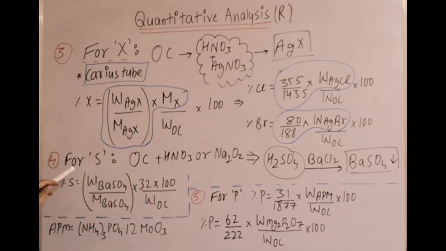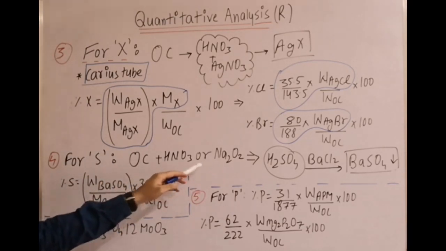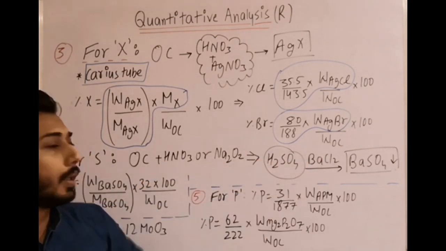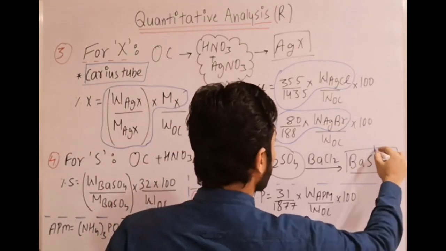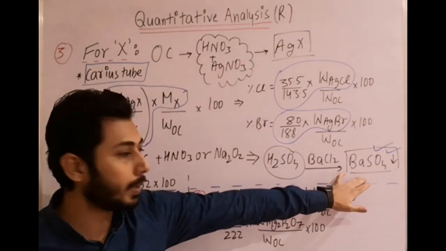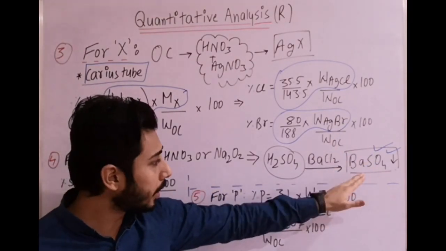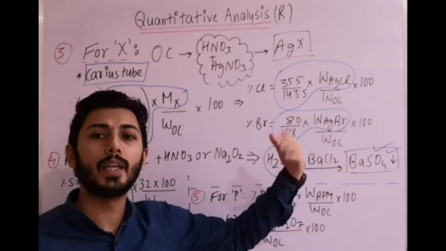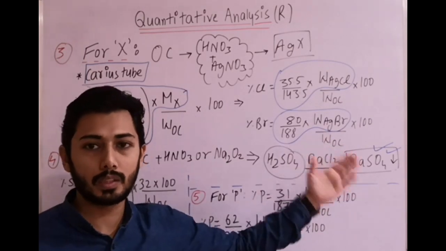Now for sulfur, the organic compound with HNO3, or we take sodium peroxide, converts that sulfur into sulfuric acid, and then we add excess of barium chloride solution, and finally we get a precipitate of BaSO4. From this precipitate we can estimate the percentage of sulfur. Whatever are the moles of barium sulfate will also be the moles of sulfur, multiplied by the atomic mass of sulfur, that is 32.